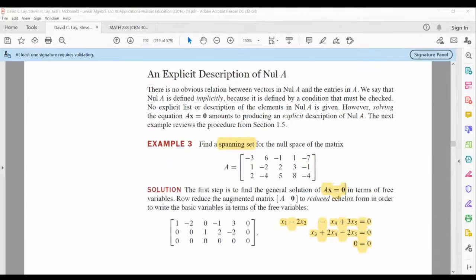If A is 3 by 5, here's A times X, and it's going to equal the 0 vector.